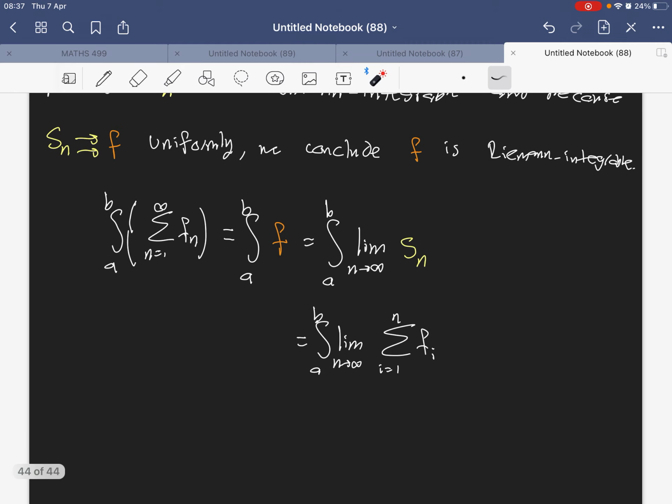And now we know from what we did before, the limit and the integration, we will switch them, because the limit of the sum, so we take the limit outside, and also we will switch the integration together.